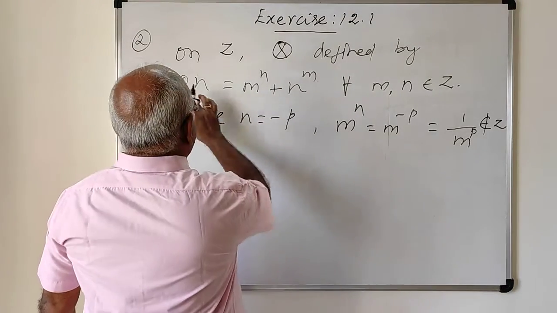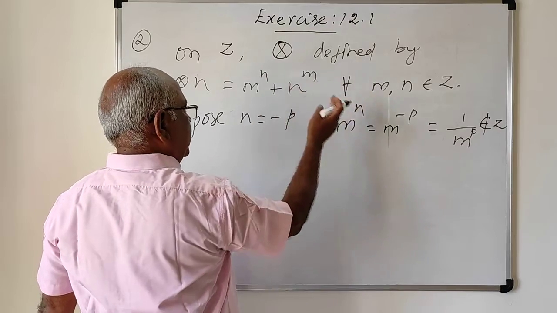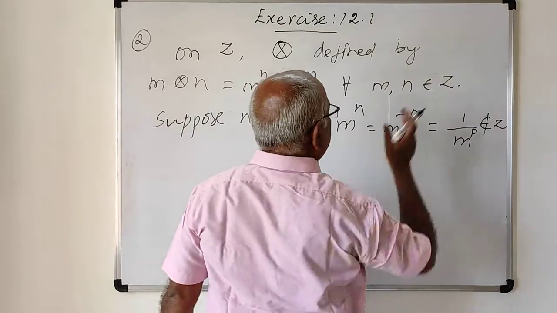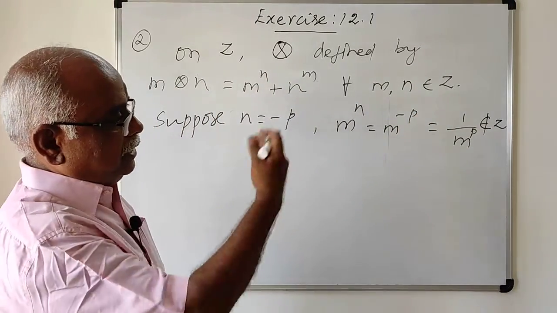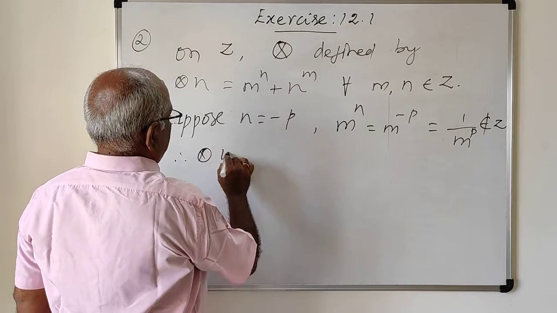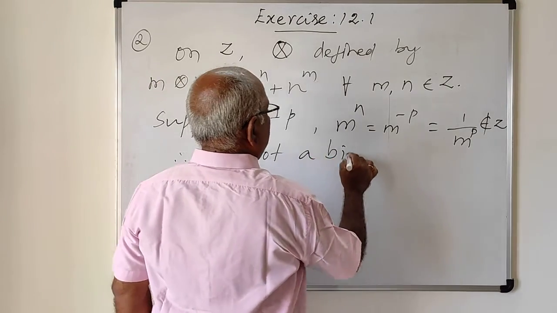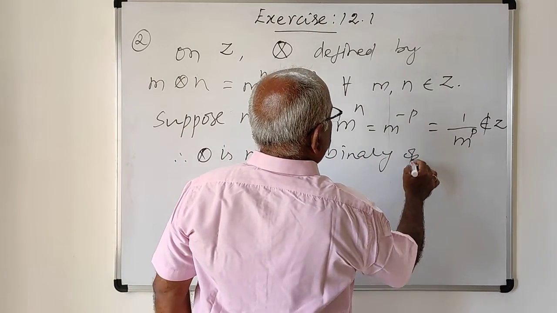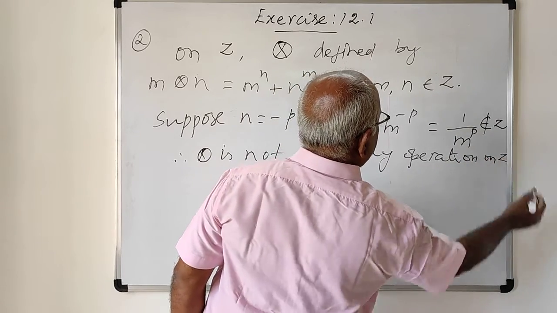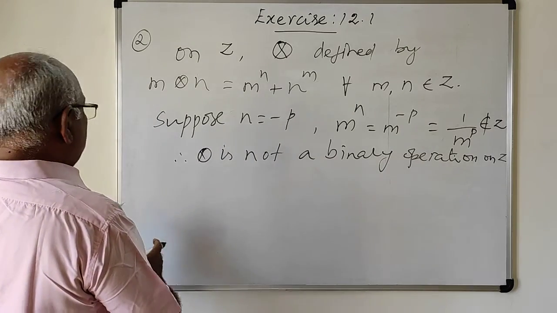Therefore, m circle cross n, m power n plus n power m, whatever it may be, if m or n is negative, it is a fraction and not in the set of integers.